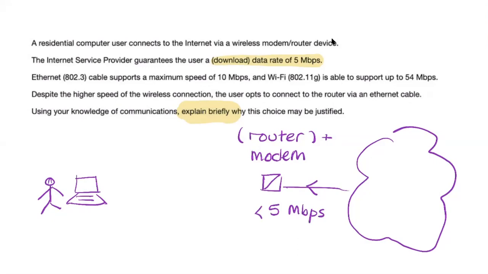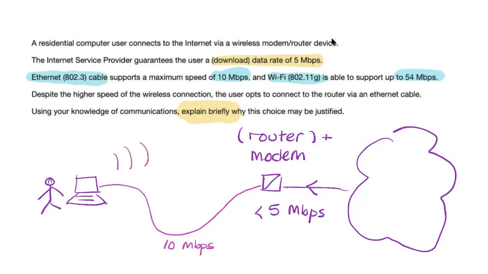And the user can connect using either Ethernet at 10 megabit per second or Wi-Fi at 54 megabit per second. So the user can connect to the router using Ethernet at 10 megabit per second, or by Wi-Fi at 54 megabit per second.